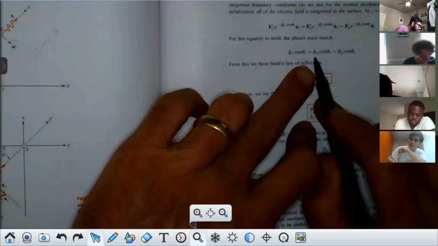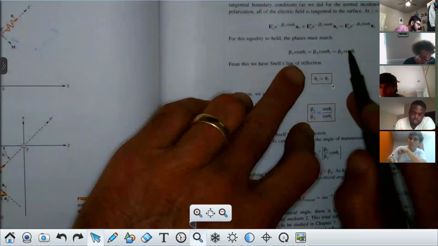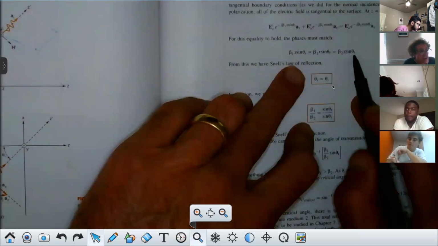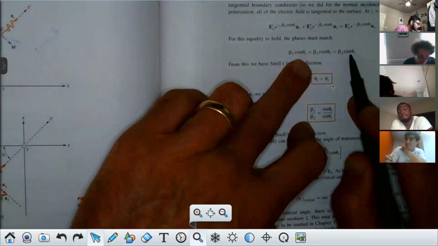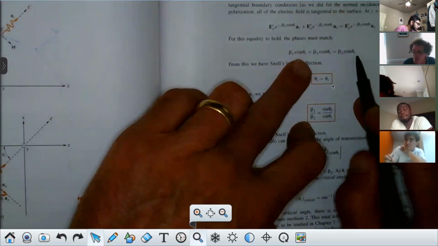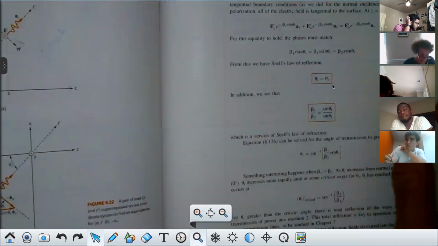And then furthermore, it means that beta 1 x sine theta incident is beta 2 x sine theta transmitted, or really beta 1 sine theta incident is beta 2 sine theta transmitted. Do you follow me? And that is called Snell's law. How many have heard of Snell's law?